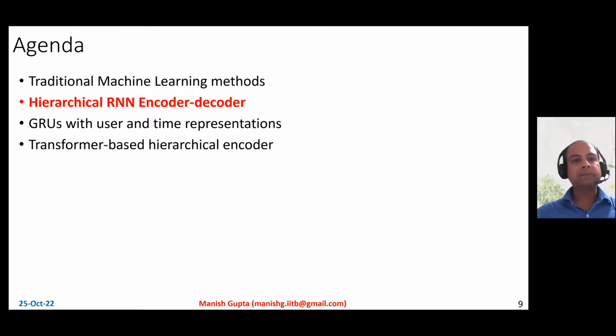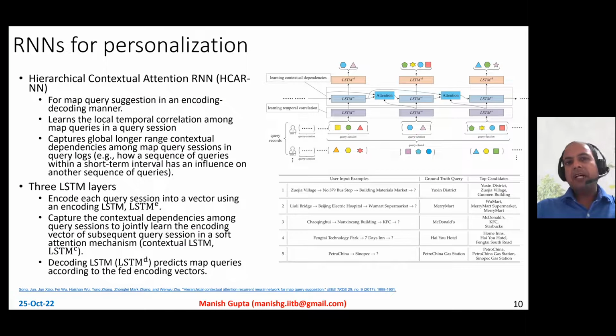Now let's talk about the hierarchical RNN encoder-decoder model. This kind of hierarchical encoder-decoder model with personalization in mind was proposed for map query suggestion. So, suggesting queries on maps, right? The hierarchy comes into the picture because you can think of a session as consisting of queries and queries as consisting of words.